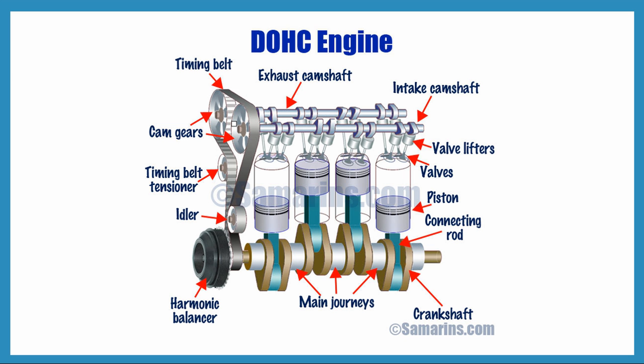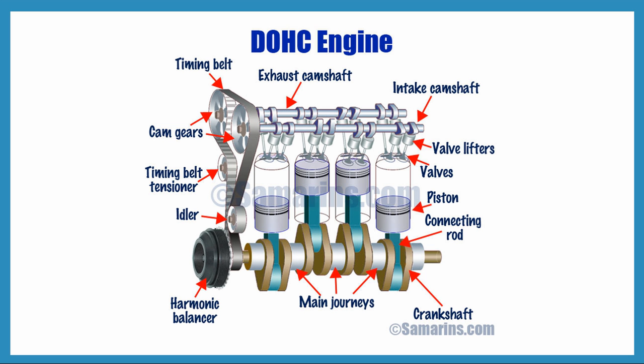One camshaft is used for opening and closing the inlet valve, that's why that camshaft is called the inlet camshaft, and another camshaft is used to open and close the exhaust valve, that's why the other camshaft is known as the exhaust camshaft. So in this way this double overhead camshaft works.